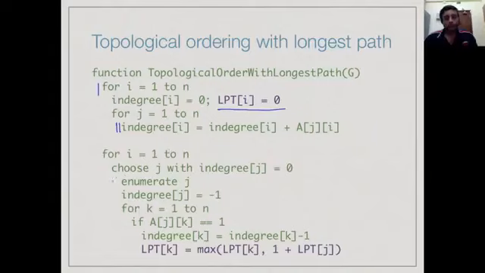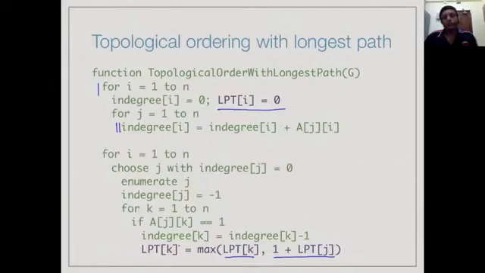Now when we are doing this enumeration, as before we choose any vertex with in degree 0, we enumerate it and we update the in degree of this vertex to -1, so it is no longer in contention for being chosen again. Now for all its outgoing neighbors, we update the in degree and we also update the longest path. So we take the longest path that we already know to that neighbor, LPT of k, and we take 1 plus the longest path for this node, and whichever is larger, we replace that back in LPT of k.